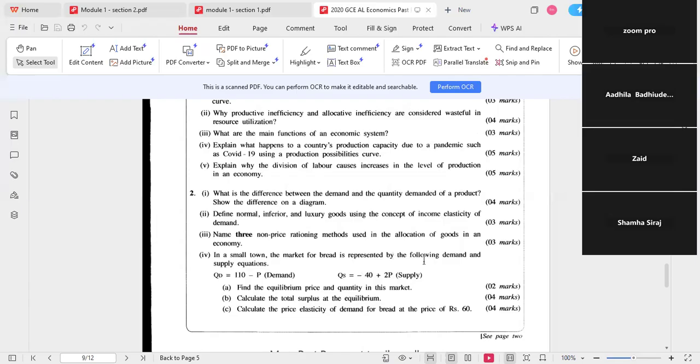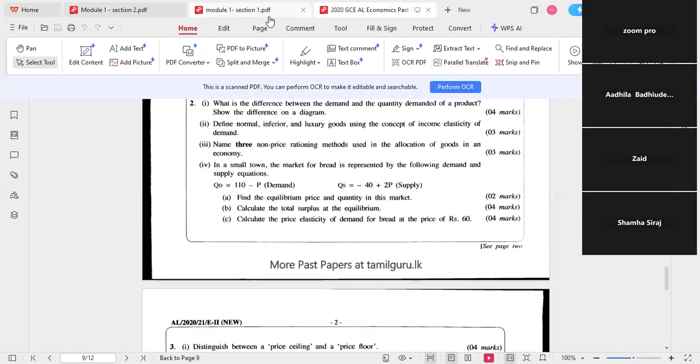Okay, now see just a sample. 2020 question number 2, fourth part. Now see how the questions are coming. All of you know this question also. So it's a well-known question. So see, demand and supply functions are given. Equilibrium price and quantity, 2 marks. Total surplus. Total surplus means consumer surplus and producer surplus, for that 2 marks, right?